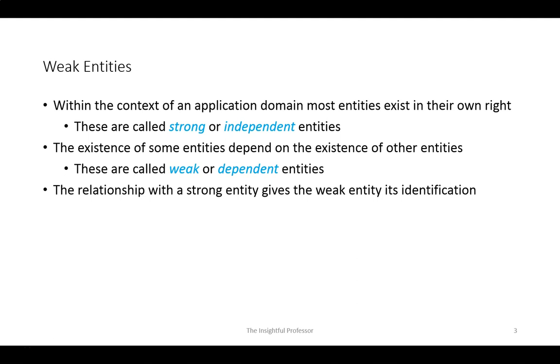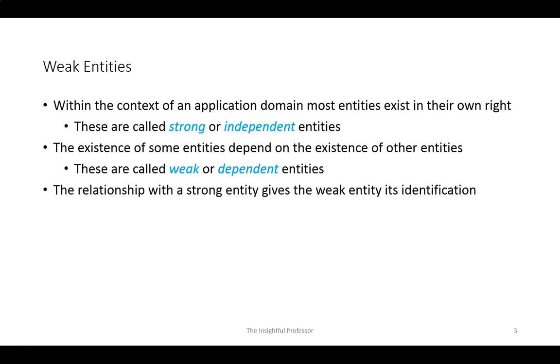Let's begin by discussing weak entities. Within the context of an application domain, we are likely to encounter many entity types. Some of these entity types directly contribute to the application domain. That is, these entities exist in their own right. These are referred to as strong or independent entities.